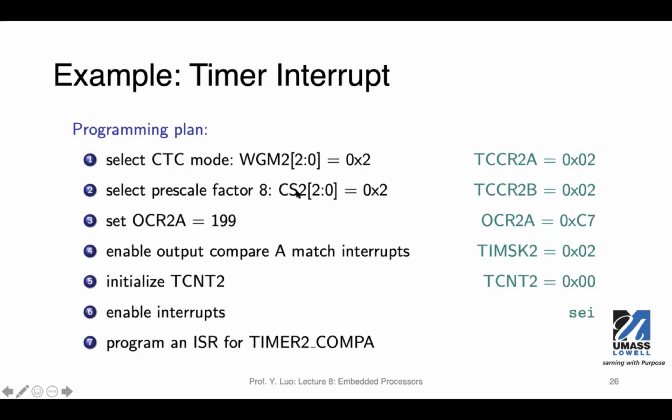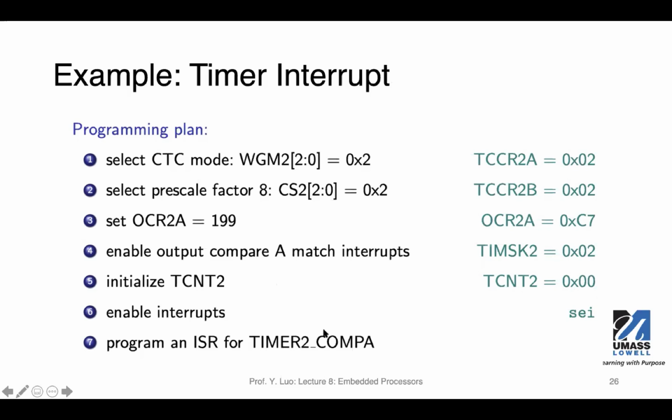You can check the control register to find out which bits are used to select the prescale factor: it's the lowest 3 bits. And then you set the upper bound to be 199. This is because we want the counter to count 200 times, and it starts from 0, so up to 199 before it goes back to 0. It enables the output compare A match interrupt by using this mask, initializes the counter to be 0, and then enables the global interrupt. And then you're all set.